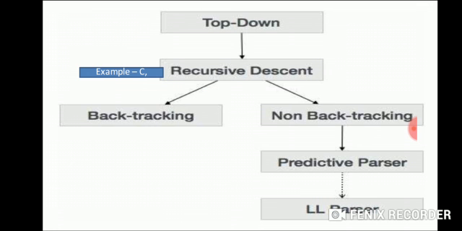In this video, I'm going to describe top-down parsers only. As you can see on this screen, top down is also known as recursive descent. It has two categories: backtracking and without backtracking. Without backtracking is also known as predictive parsers and LL parsers.